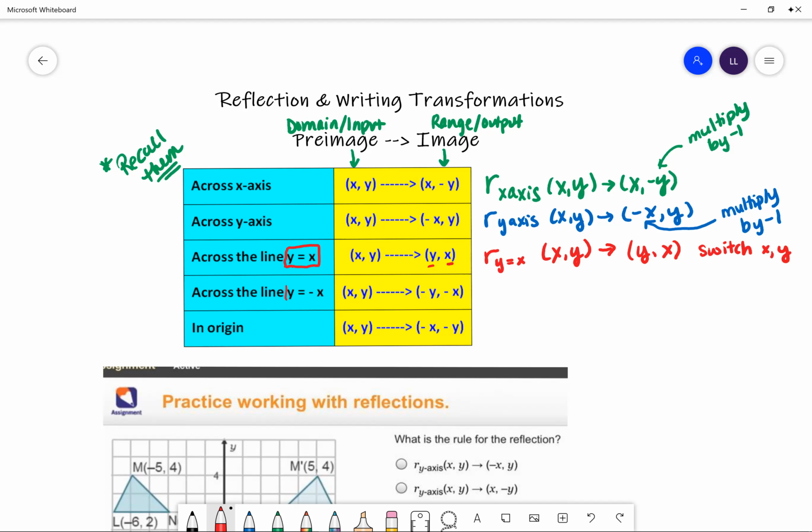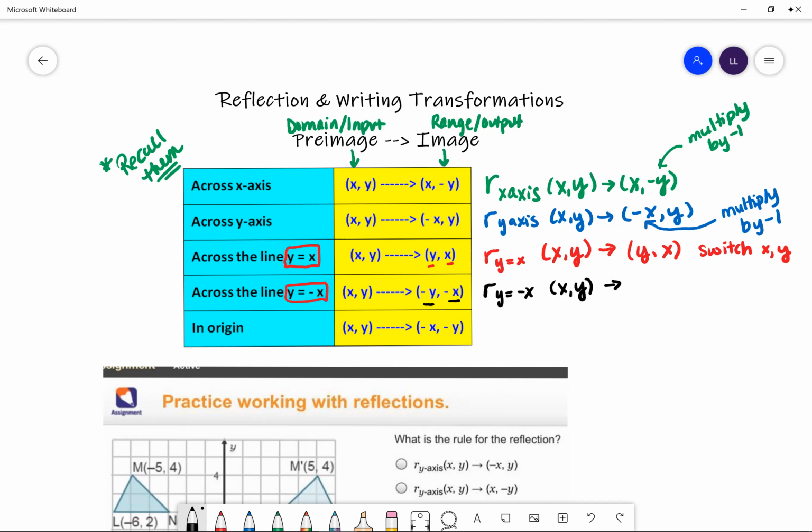So y is equal to -x. That literally means that y is equal to the opposite of x. Think about that. Lowercase r, y equals -x. Here goes our pre-image. And then our image, look at that. They switch just like y equals x did.